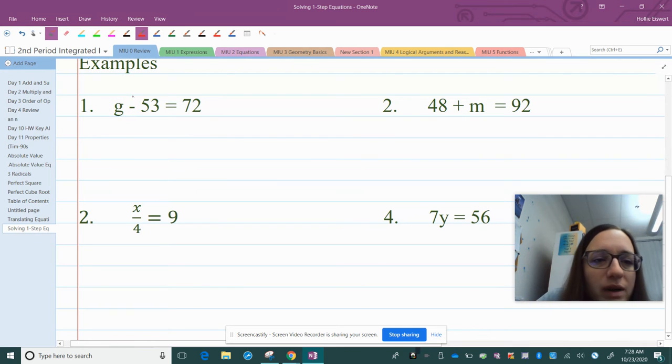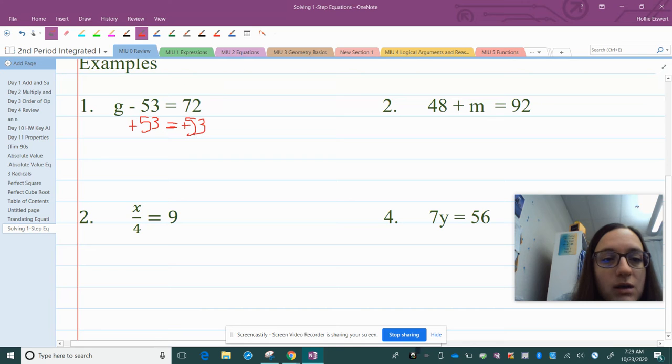So in order to get rid of this minus 53, we use the inverse operation of subtraction, which is addition. So we're going to add 53. Whatever we do to one side, we do to the other. So if we add 53 over there, we're going to add 53 over here.